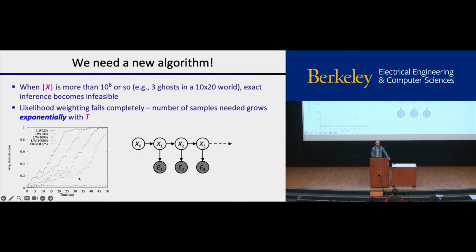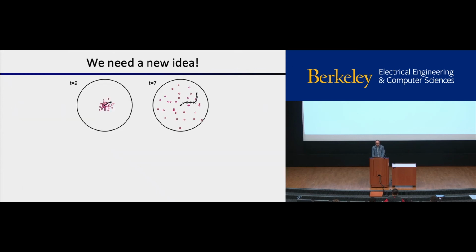And it just kind of delays the inevitable, where after a certain amount of time the error, this is the average absolute error, is just going to go up to really high values. So likelihood weighting doesn't work, essentially. So we need a new idea.